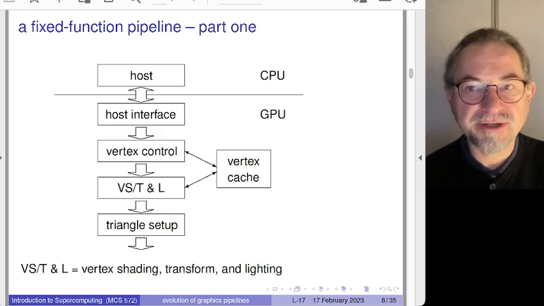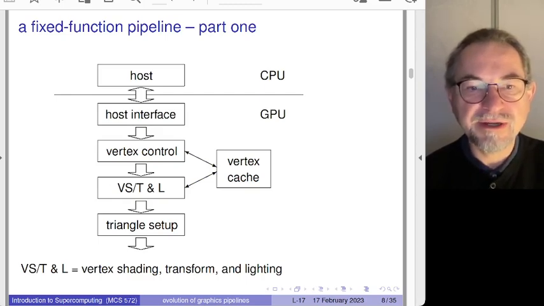In the textbook, everything fitted on one page, but on the slides I had to separate it in several parts, in two parts here. So there is the connection between the host and the device. So the device, another name for the GPU.